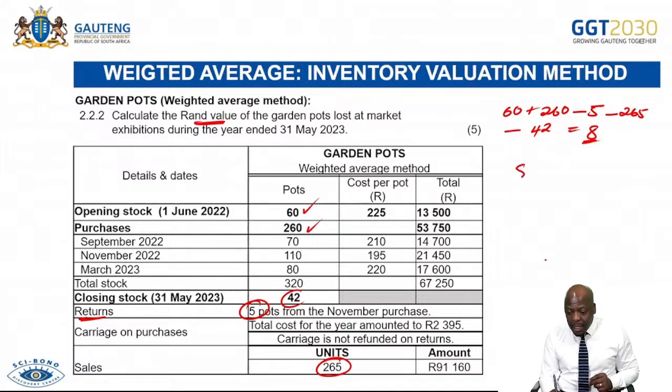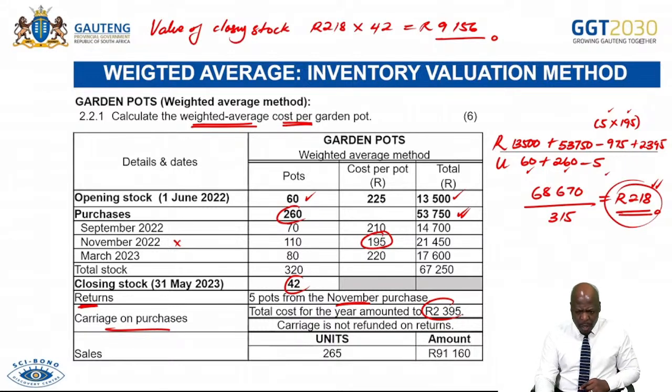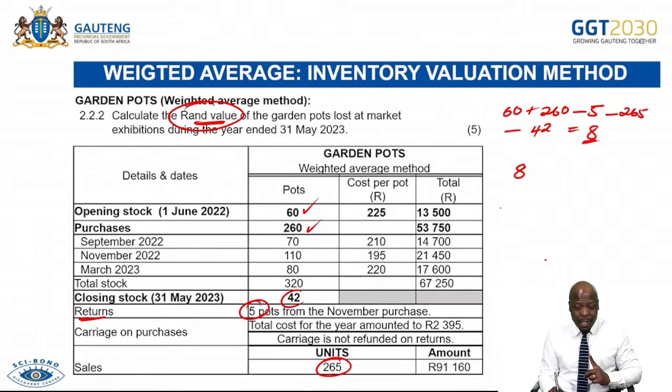So if 8 pots got lost, what is their rand value? We know that the cost per pot is 218. So if we lost 8 pots and each pot costs 218, what is the total value of the pots that got lost?